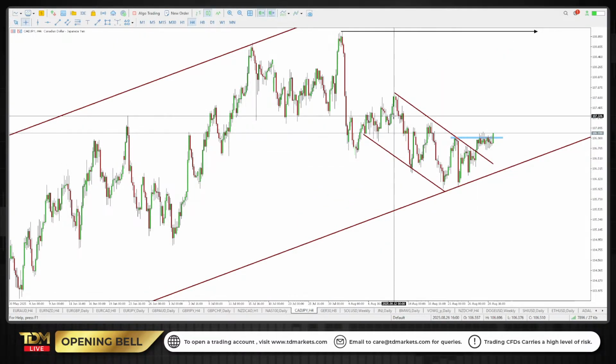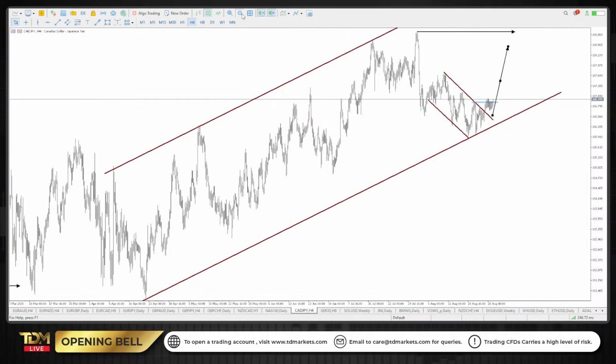So if you are selling this structure and then you see price breaking out of that and breaking above the resistance, you would simply start closing your sales and look for buys. So from here on, we're anticipating the momentum to resume towards the upside.